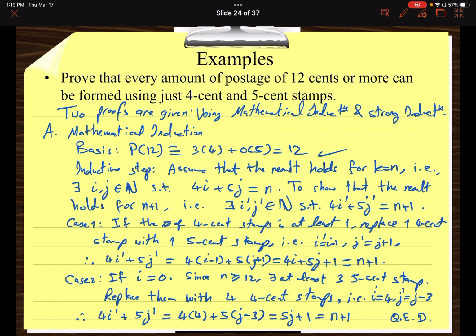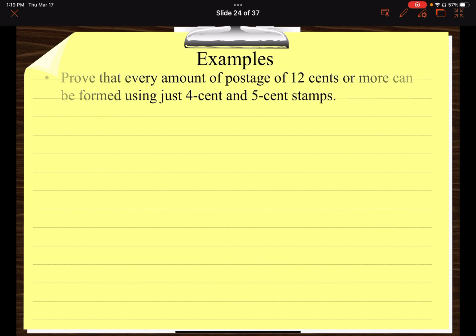Now let's move to strong induction, and then I will ask you which one do you think is easier or simpler. Okay, so part B, I have the proof using strong induction. Right.